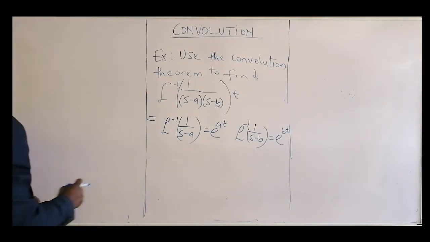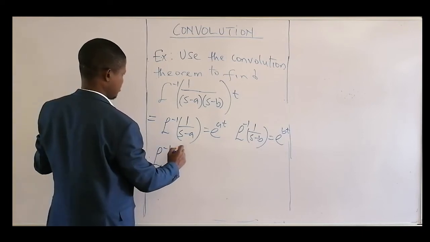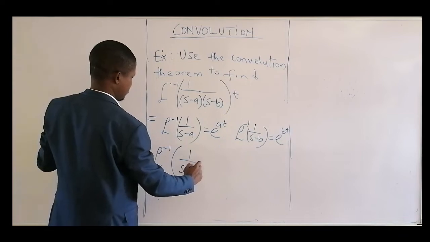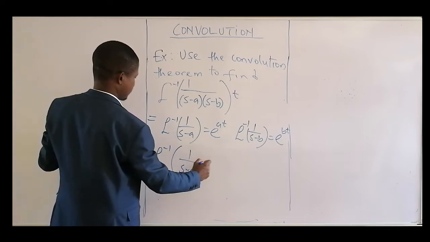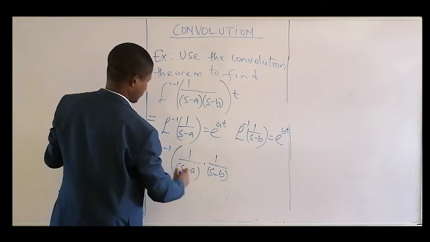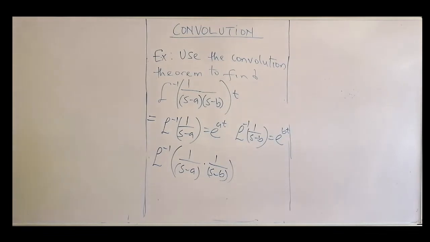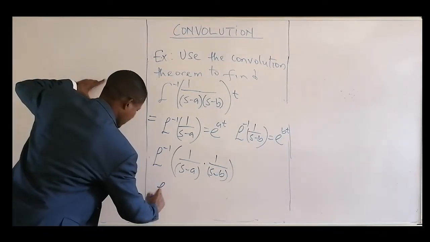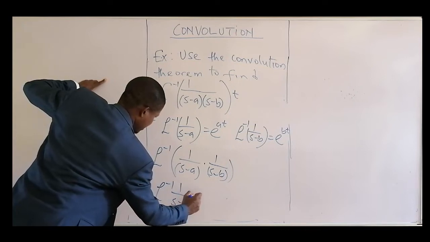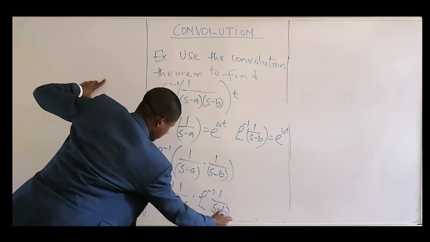The question we have here can be written as the inverse of 1 over (s minus a) times 1 over (s minus b). You can split it into two parts like this, and that will be equal to the inverse of 1 over (s minus a) times the inverse of 1 over (s minus b).